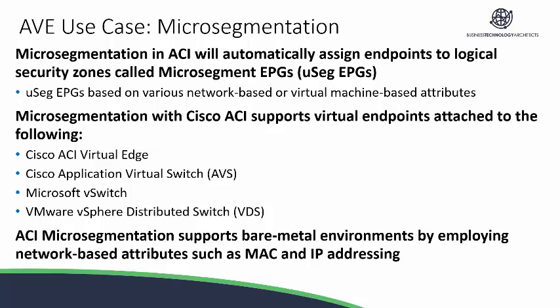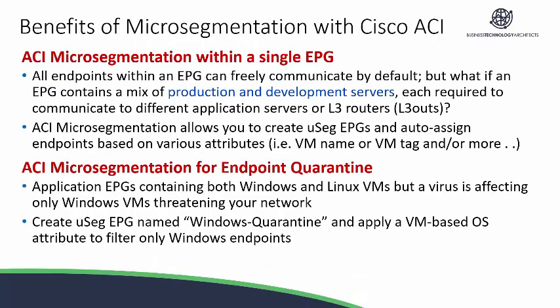So here's an AVE use case for microsegmentation. Microsegmentation will automatically assign endpoints to logical security zones called microsegment EPGs. Microsegmentation with ACI supports virtual endpoints attached to the following: the ACI Virtual Edge, AVS, vSwitch, or Distributed Virtual Switch. The benefit of microsegmentation with Cisco ACI: all endpoints within an EPG can freely communicate by default.